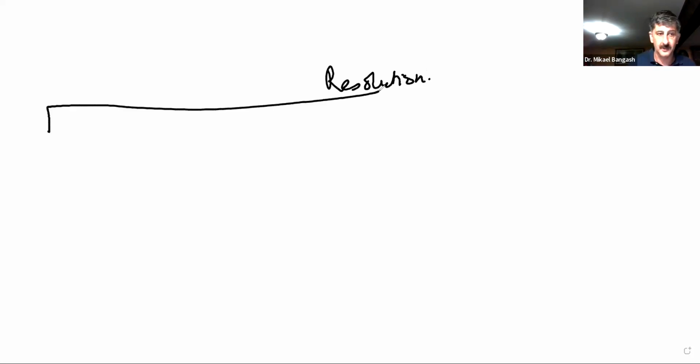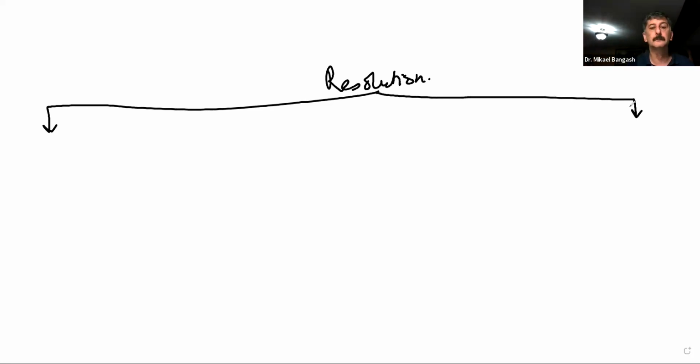Now, girls, when we talk resolutions, what we pretty much can do is say that we have 2 major types of resolutions, just like we had 2 major types of intensities.